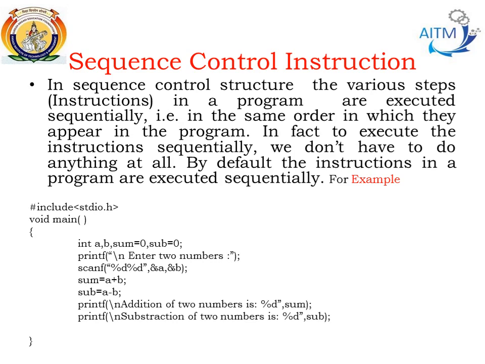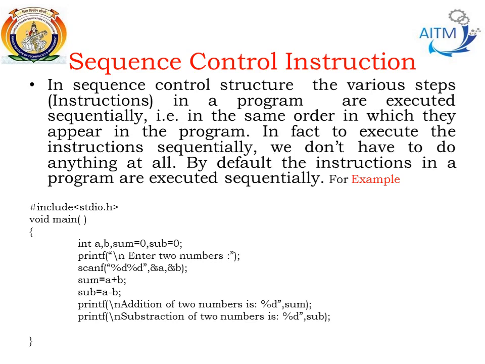Inside the main function we have declared variables a, b, sum and sub and initialized them. After the declaration and initialization of variables, the next instruction to be executed is the printf statement, which asks the user to enter two numbers.